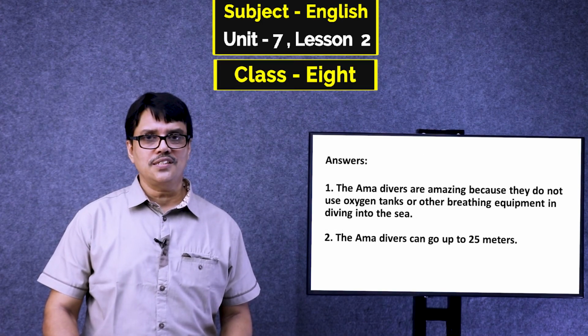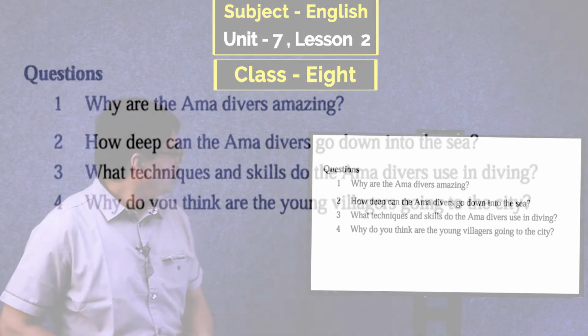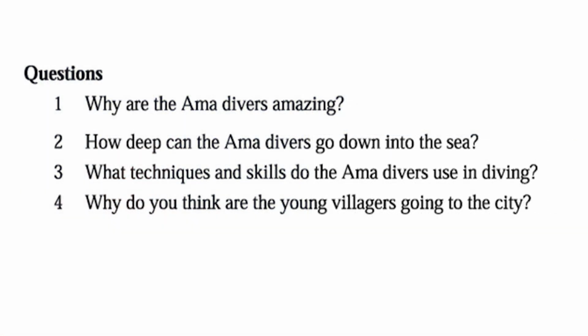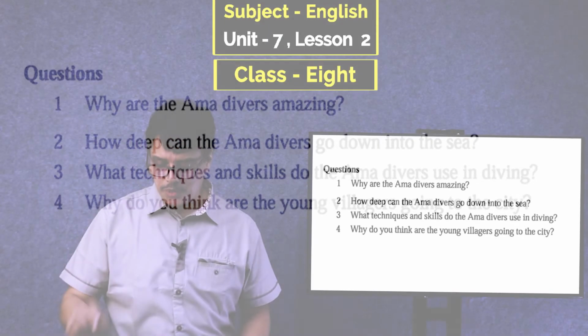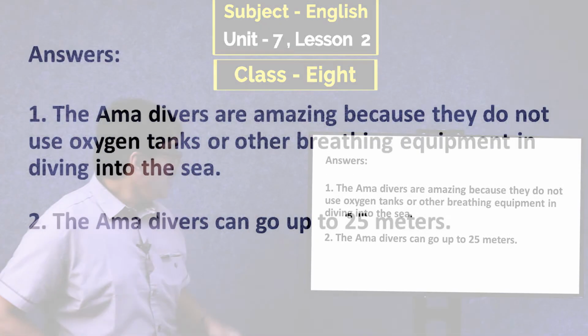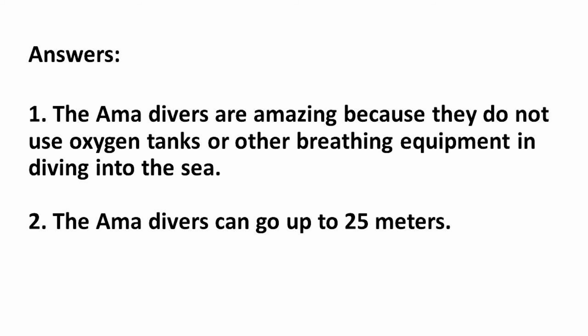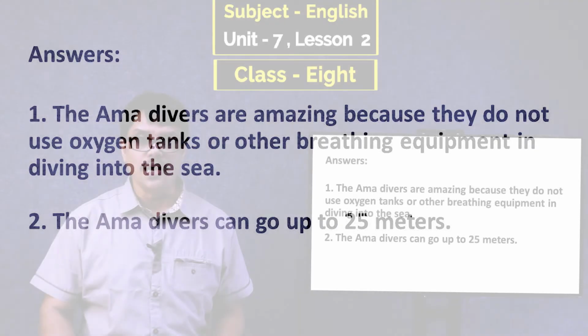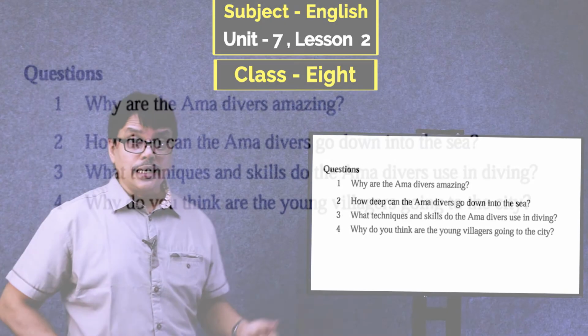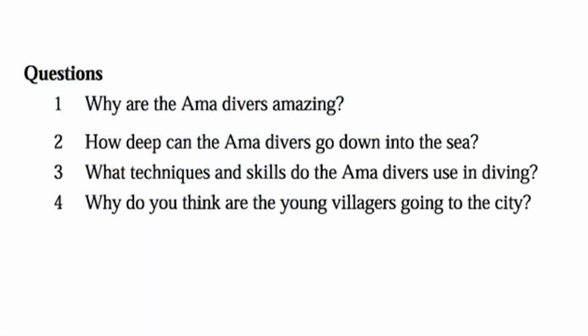My students, now we go to the next question. How deep can the Amar divers go down in the sea? Can you remember? Yes, the Amar divers can go up to 25 meters. Now my students, we are going to question number 3.